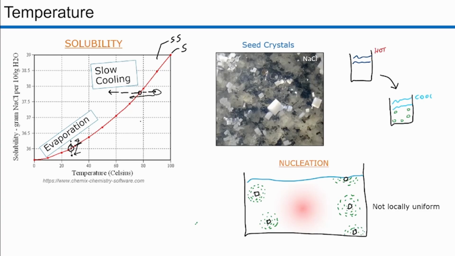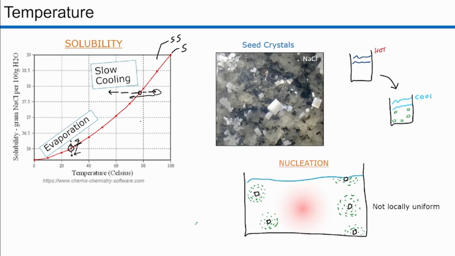It's not uniform, meaning the concentration gradient is not locally uniform. You might have fluctuations of concentration around the solution. Maybe the center is hotter than the borders, and then you have regions around that crossed that limit, but the center didn't, as well as near the surface.